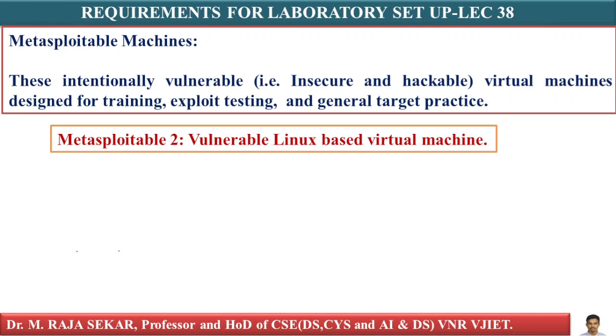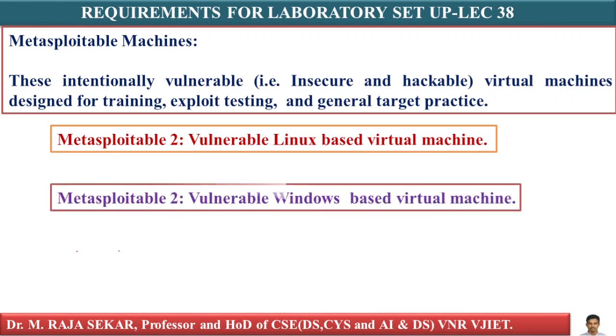Metasploitable 2 is a vulnerable Linux-based virtual machine. And Metasploitable 3, this one is not 2, this one is 3, is a Windows-based virtual machine.